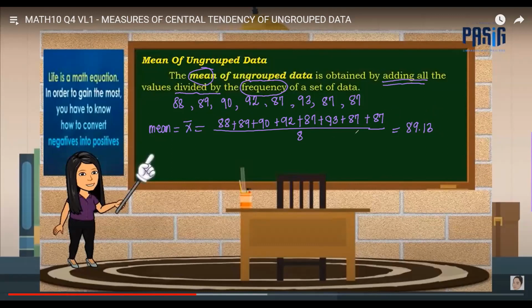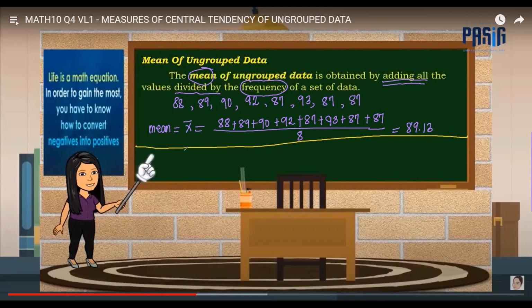Okay? So let's say that your average is 89.13. And that is the mean. Okay? So let's say na alam mo na, no, na yan yung average mo. Pero next time, let's say na you still don't know, like for example, you still don't know your grade in math. Kunwari hindi mo alam yung grade mo sa math.